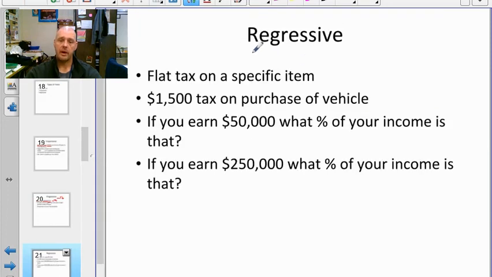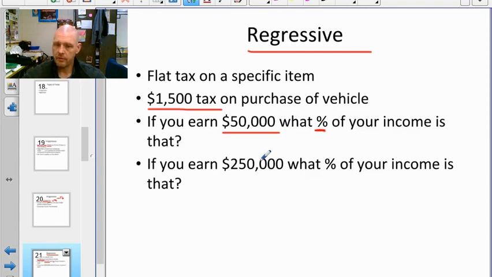Or is it regressive? And again, regressive is you just get a flat tax or a flat fee to, say, purchase a vehicle. And if you earn $50,000, that is a certain percentage of your income.